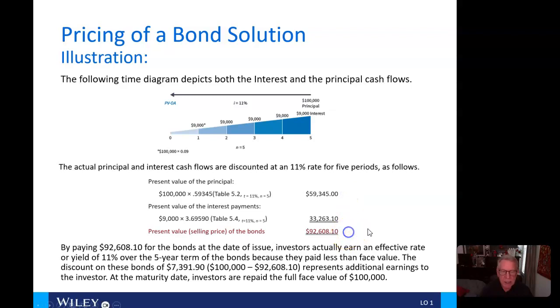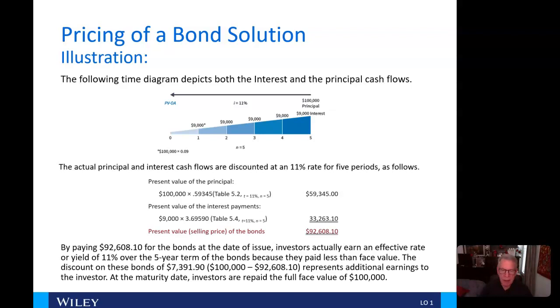In this case, the present value is $92,608.10. But at maturity date, the investors are going to be repaid that entire $100,000. But this is the amount that they're going to pay today for that bond.